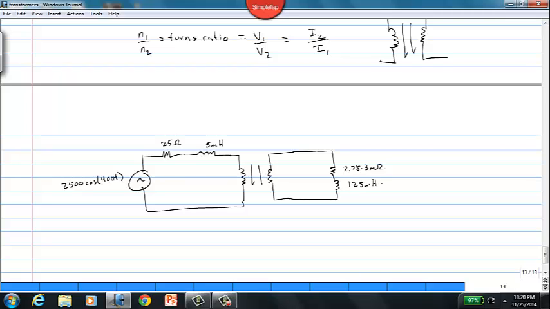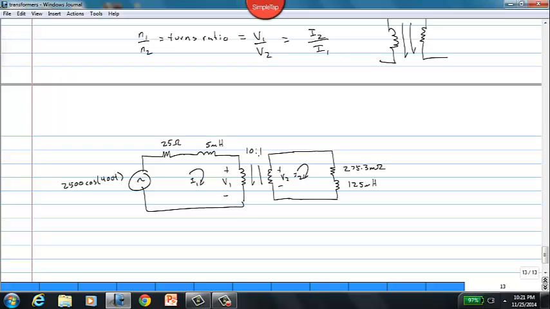So this is our circuit, and what we want to do is find I1, I2, and the voltage across the two primaries. And we need one more piece of information that I left out: the 10-to-1 turns ratio.